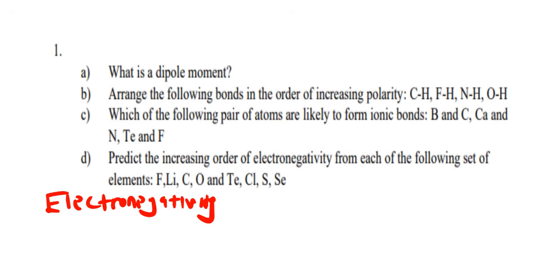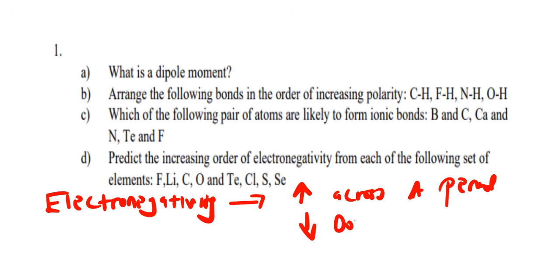What I'm supposed to know is that electronegativity generally increases across a period, and it decreases down a group. This is very important on the periodic table.